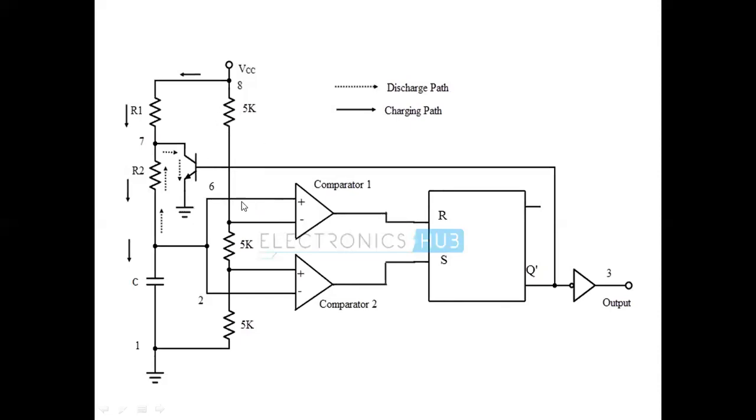From the voltage divider network, we have a fixed voltage at the inverting terminal, that is 2/3 VCC, and we have some voltage greater than 2/3 VCC at the non-inverting terminal of comparator 1.